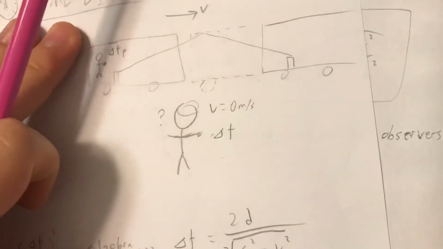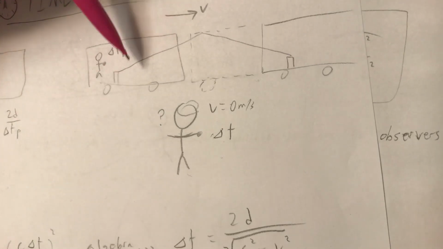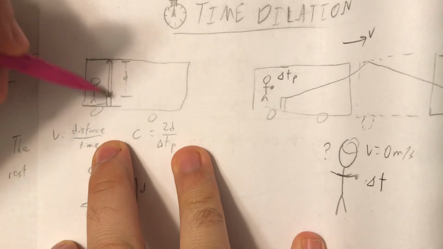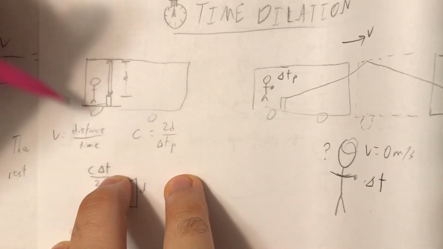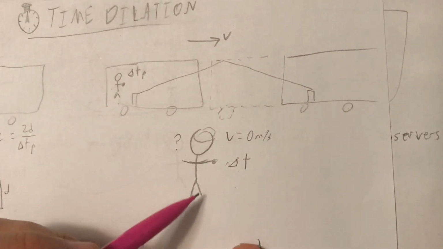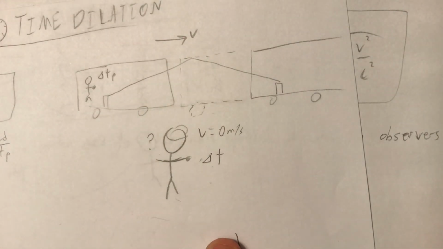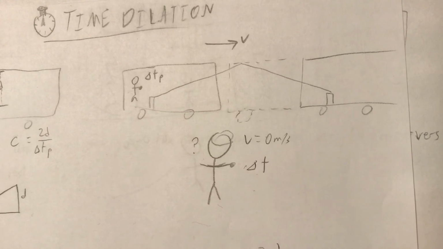Again, the person in the train car observes the light going 2d over the proper time. The person on the outside sees the light traveling a much greater distance. So which one's correct?